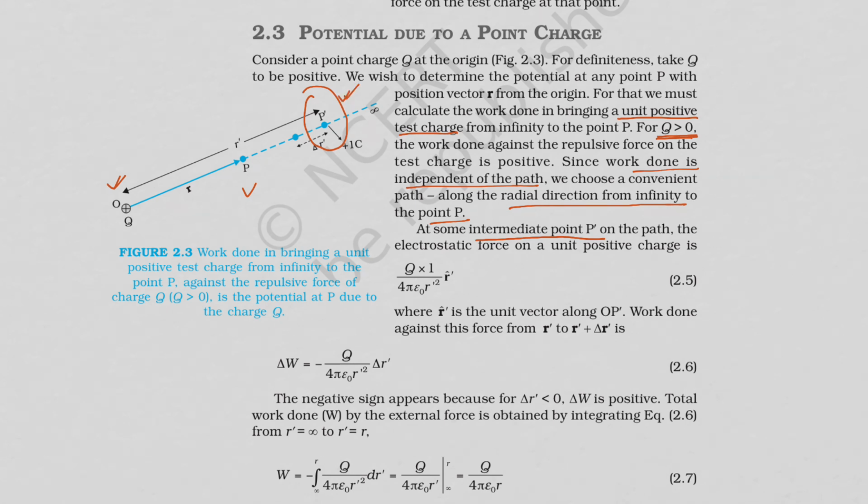Now, since we have chosen the intermediate point P dash at a distance R dash from the origin, the electrostatic force on a unit positive charge at this point P dash is F equal to 1 over 4 pi epsilon naught, times Q, times the other charge, which is 1 coulomb, so we just write 1, divided by the distance between the two charges, that is R dash square.